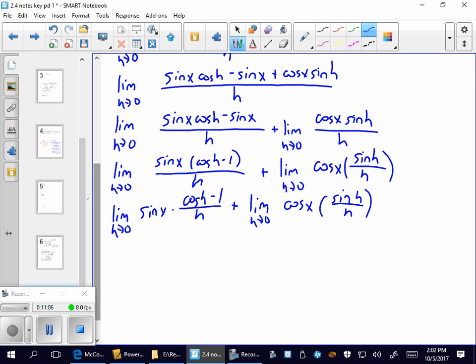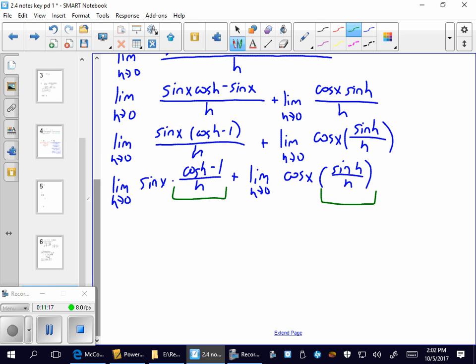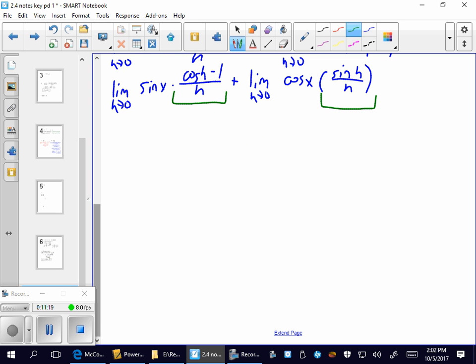Well, if you're really thinking about it, this one and this one are our special limits that we took up at the top. The first one, the limit of cosine h minus 1 over h, this one goes to 0. So the sine of x, because there's no h to plug into, doesn't really matter because it's going to be 0 for that whole thing.